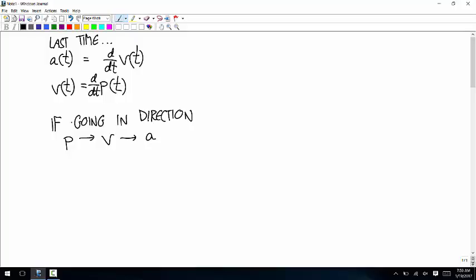So knowing the functions is enough. Just taking derivatives.